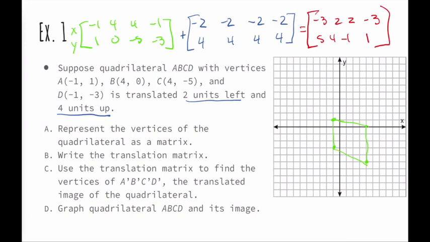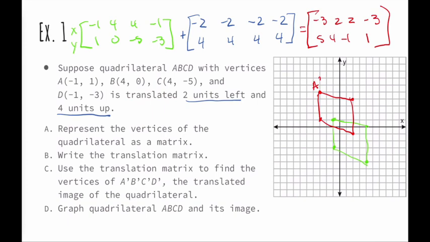So if I graph this, -3, 2, 2, 3, 4, 2, -1, and -3, 1, you can see that this gives me the same quadrilateral, but shifted 2 units to the left and 4 units up.